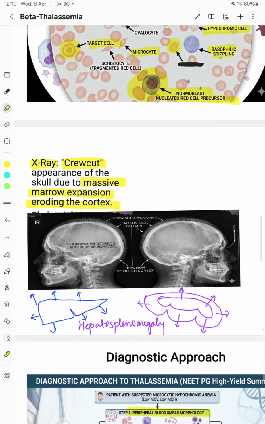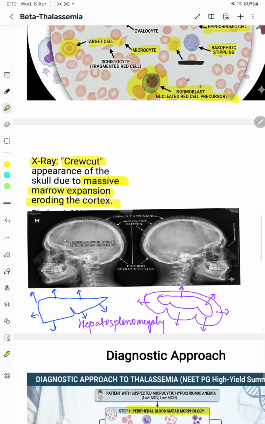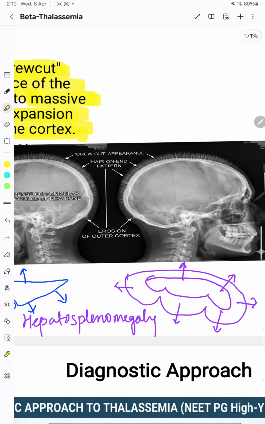On X-ray, due to massive marrow expansion, the marrow erodes the cortex and results in the crew-cut appearance on the skull bone. So these hair-like projections we can see.